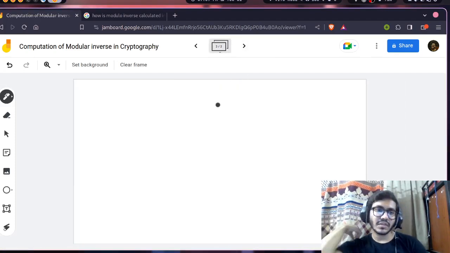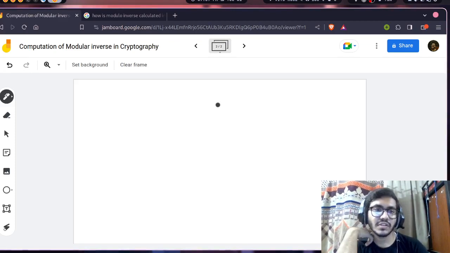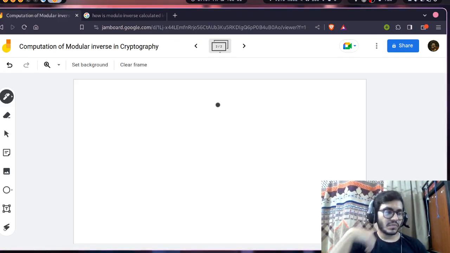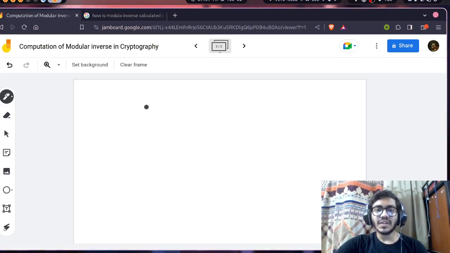Now, even the computation of modulo inverse is not very hard as we have studied in the course. Modulo inverse is computed using extended Euclidean theorem when we try to do it by hand. So, I won't be stressing over it, but it is usually done with extended Euclidean theorem. But computers don't use it.